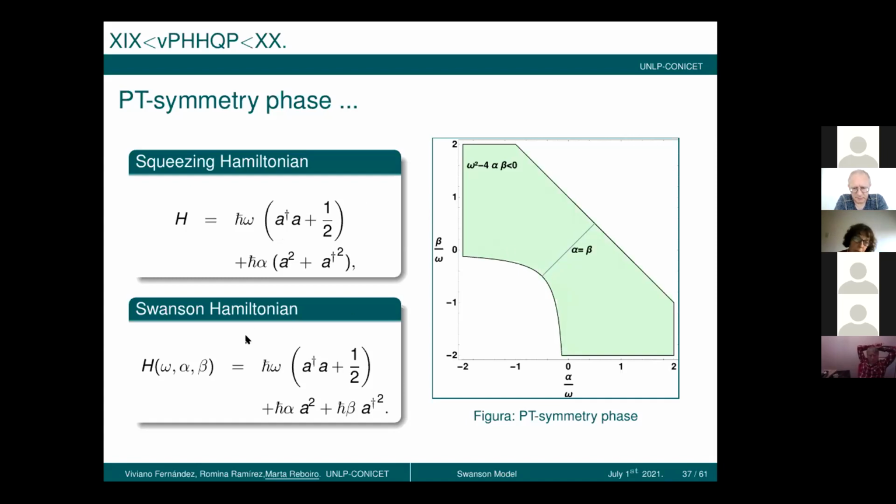Now, the Swanson Hamiltonian, alpha different from beta. Well, in this regime, omega squared minus 4 times alpha times beta should be greater than 0. Sorry, this is in print. We have the PT-symmetric phase.